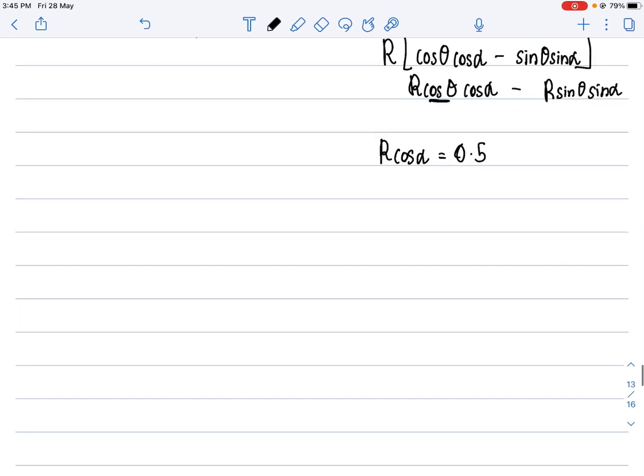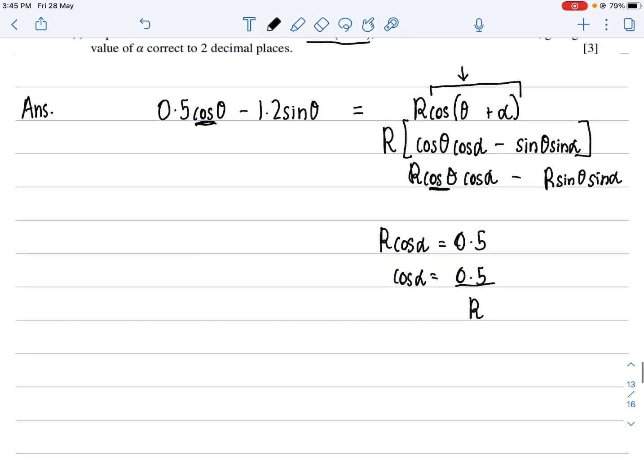So I can simply write this as cos alpha equals 0.5 over r. In the same way, I have sin theta here and sin theta here. So I can write this as r sin alpha equals 1.2. So I get my sin alpha as 1.2 over r.